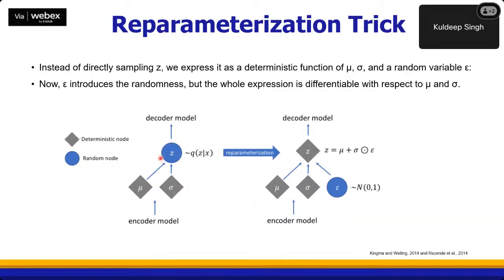But this Z has randomness. So to remove that randomness, to make it deterministic so that we can differentiate it, what we are doing here is we are adding a new random node here and making this Z a deterministic node.